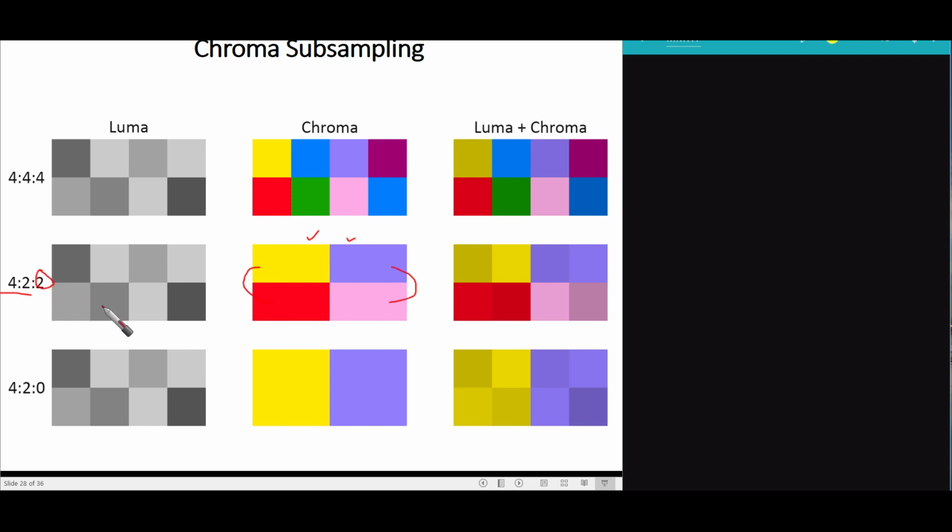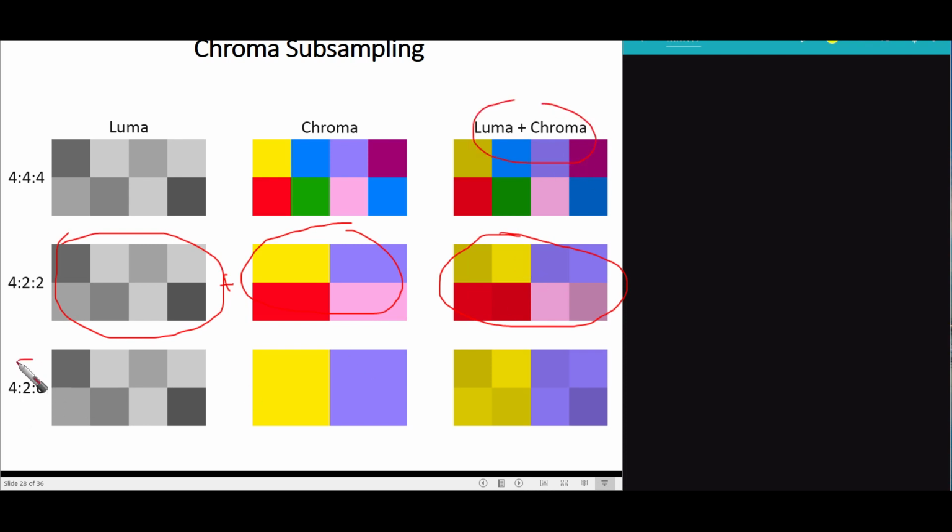This is 422. Now the very interesting thing is that if we keep the luminance information the same, and just take the chrominance information like that, and add these two up, it will look like this. So this is now changed compared to this one.